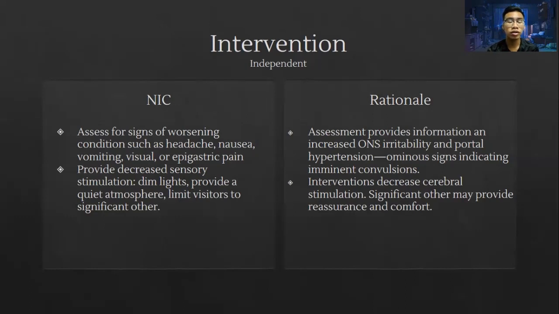Next, provide decreased sensory stimulation, such as dim lights, to provide a quiet atmosphere, and limit visitors to significant others. The rationale is that these interventions decrease cerebral stimulation, and significant others may provide reassurance and comfort.